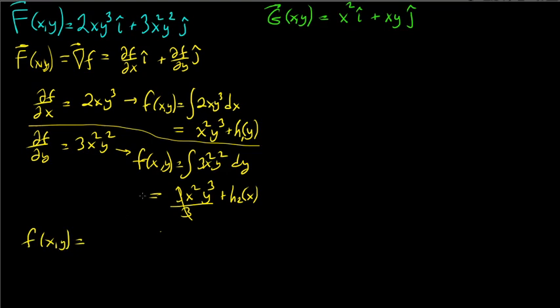Our little f, our scalar function, is x squared y cubed, plus, well, what function of x is also a function of y? Anything that contains an x in it, like e to the x, will not be a function of y. And anything that's a function of y, like sine of y, won't be a function of x. So the only thing that's both a function of x and y at the same time is a constant. I'll call it little c. It's just some number.